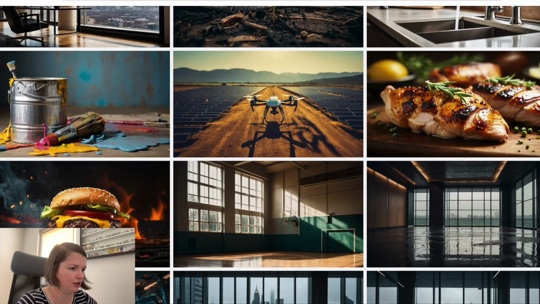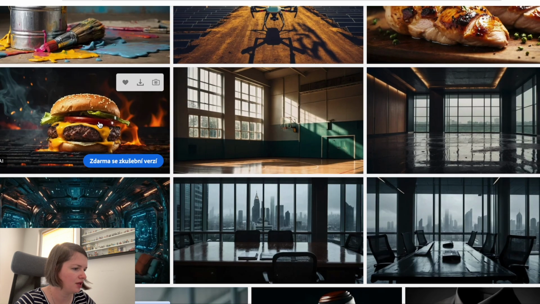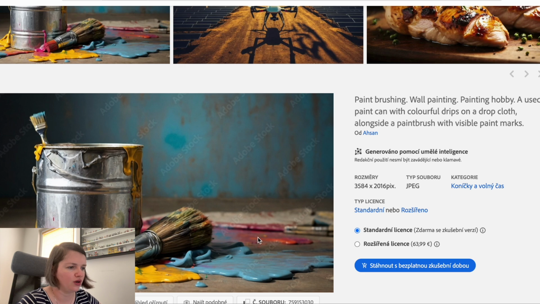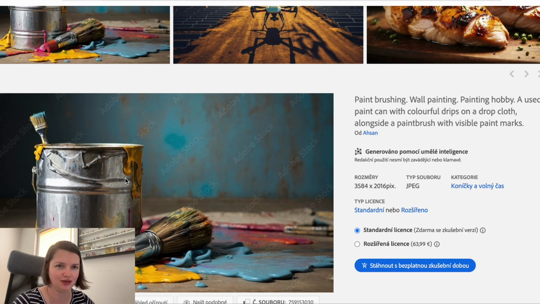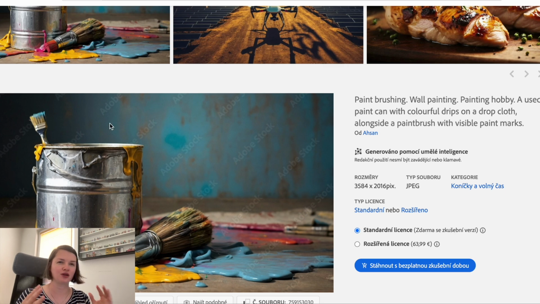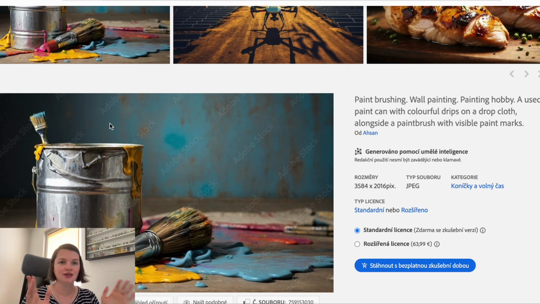All right, so this, right? And there were some more with the paints. So this is not a commercial grade image, basically. This is a lot of mess and visual clutter, and the commercial image has to be clean, sleek, nice looking, no clutter.